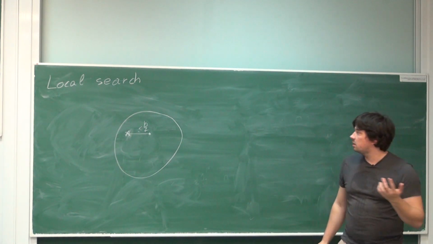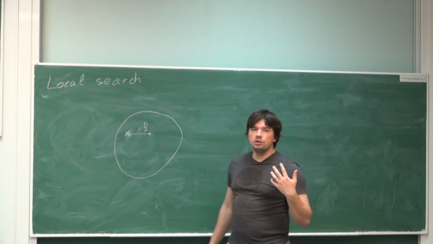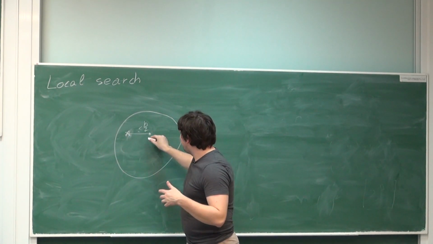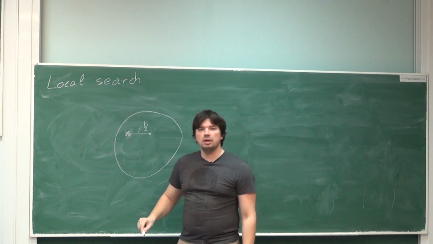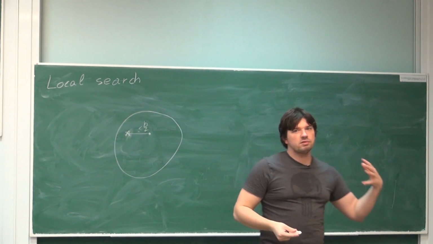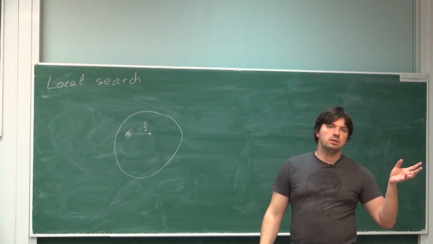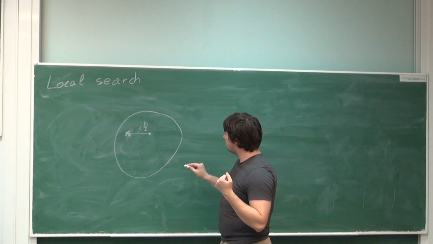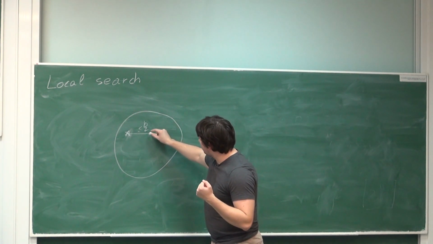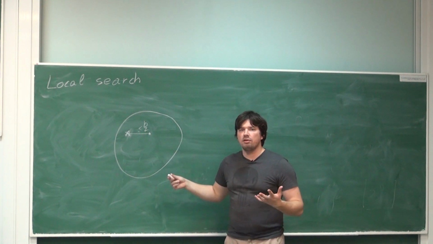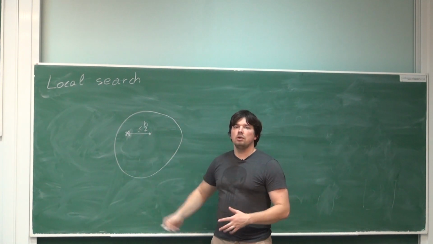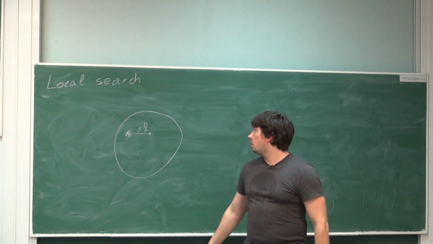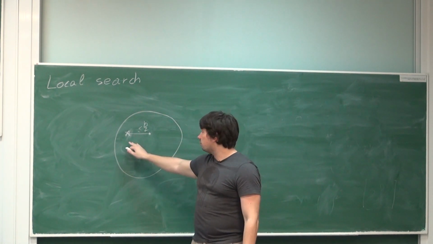Another thing is that you don't really need to do the local search again and again from the same point. You can redraw them every time. It doesn't really make a difference because basically the philosophy here is that your initial point might be too far away from the assignment you were looking for.